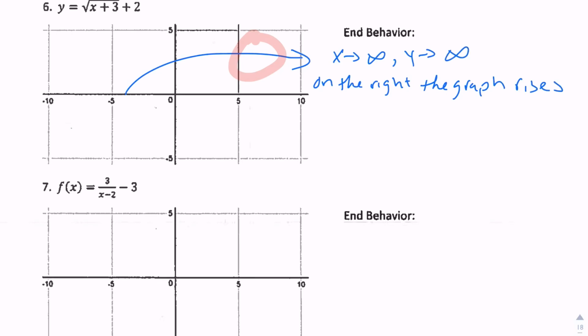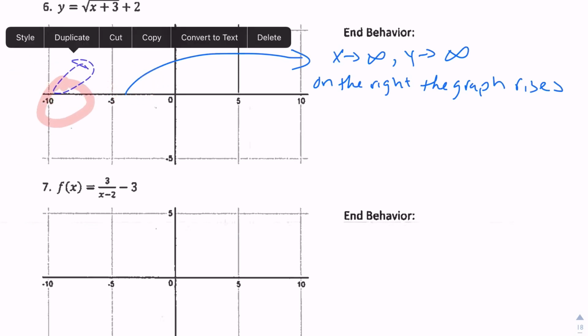I'm not doing a left-hand side because this graph actually doesn't have an end behavior on the left. There's nothing over here. So it doesn't approach negative infinity. It stops right here. This is a starting point. There's nothing over here, so we don't have an end behavior here.